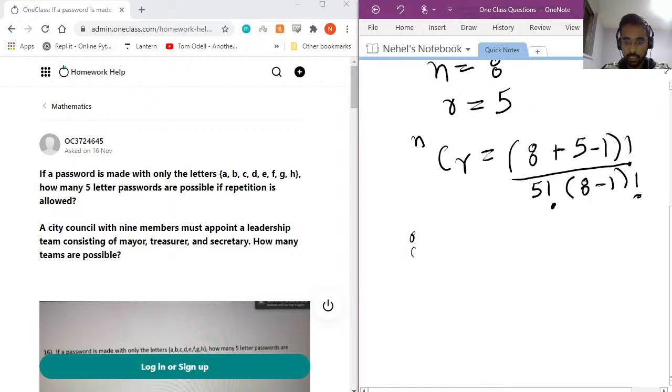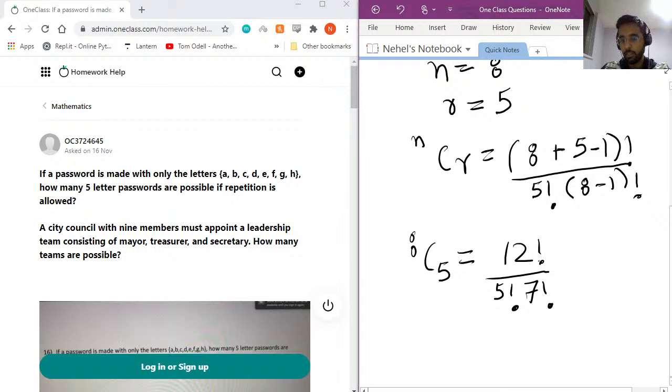So that will give us 8c5 is equal to, on the right hand side, 8 plus 5 is 13 minus 1 is 12, so 12 factorial divided by 5 factorial times 7 factorial. So now we have to simplify this equation and get the final answer.